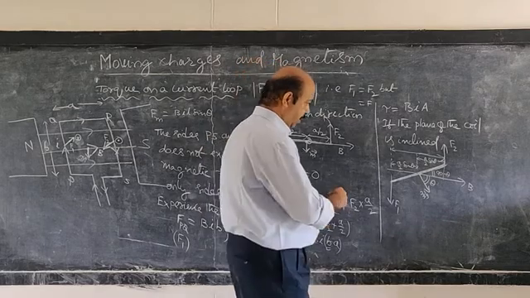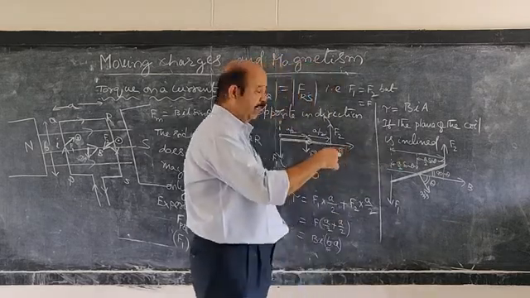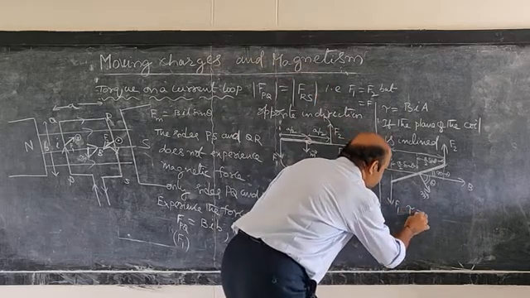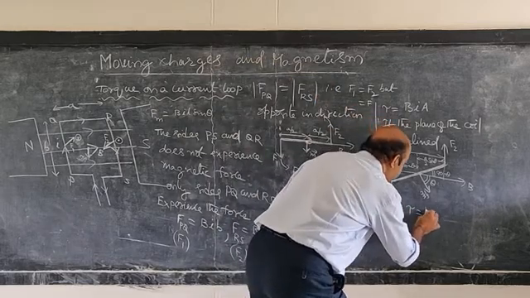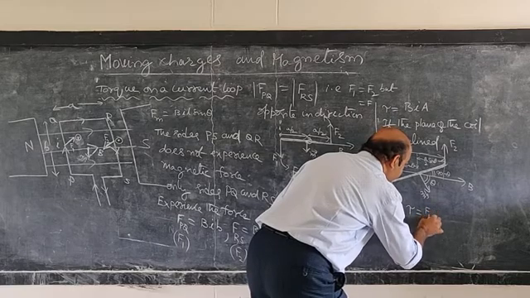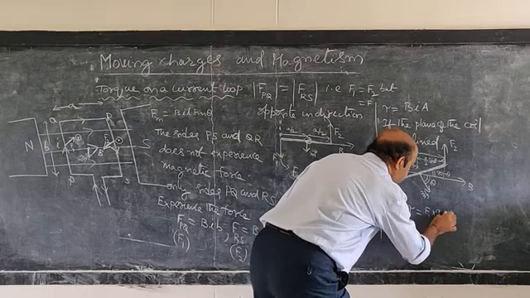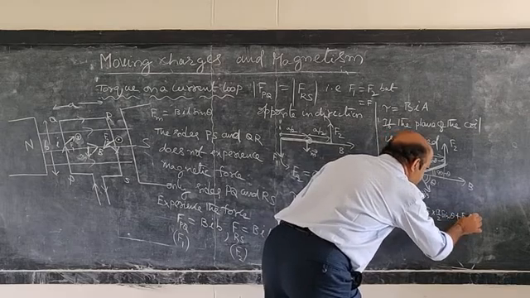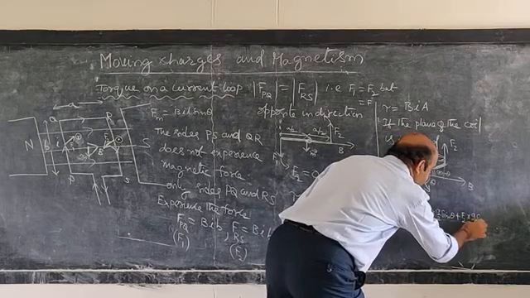Therefore the total distance will be A sin theta. Hence the torque in this case is given by F1 into A by 2 sin theta plus F2 into A by 2 sin theta.